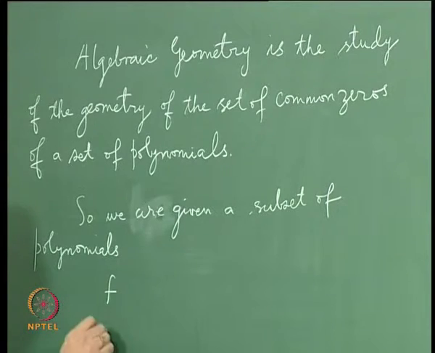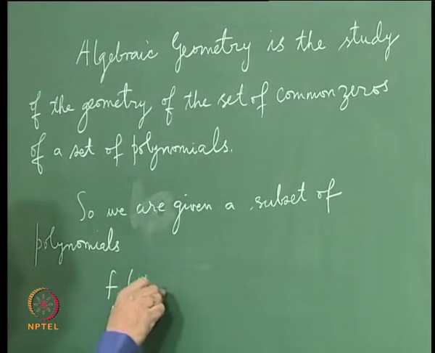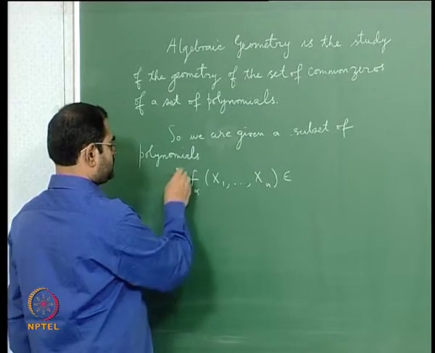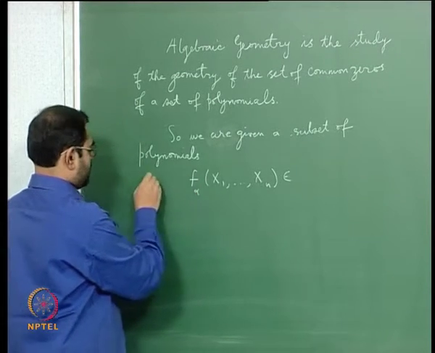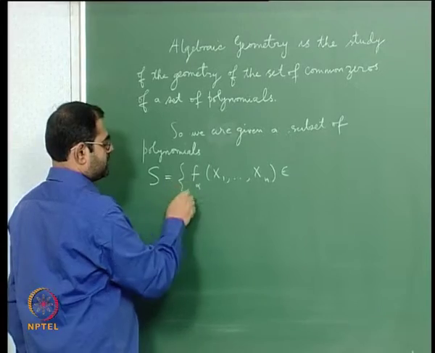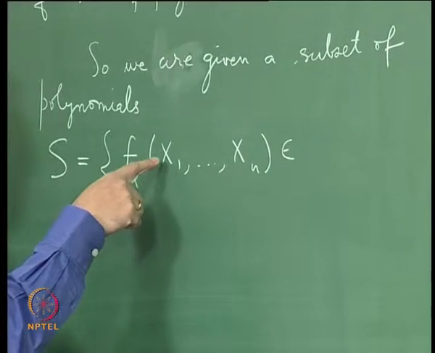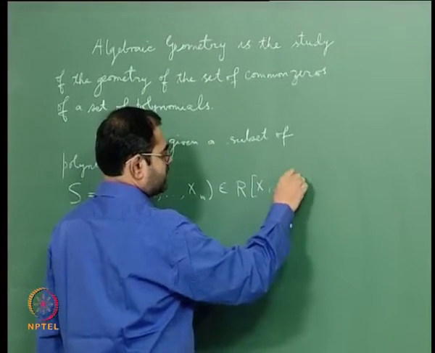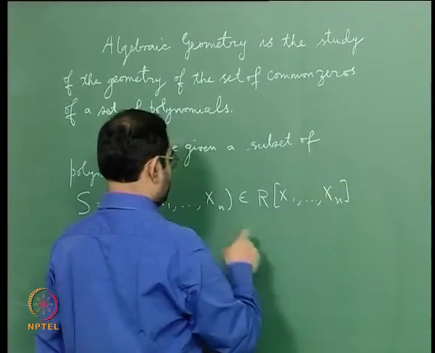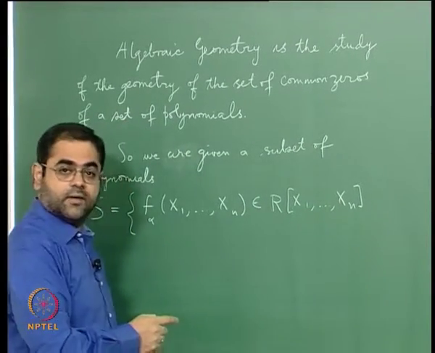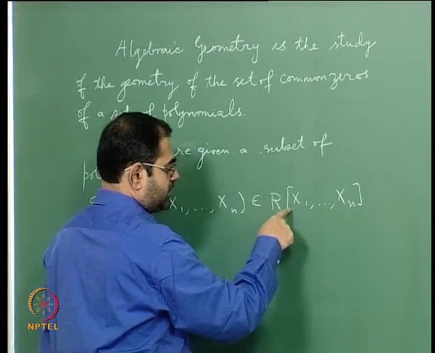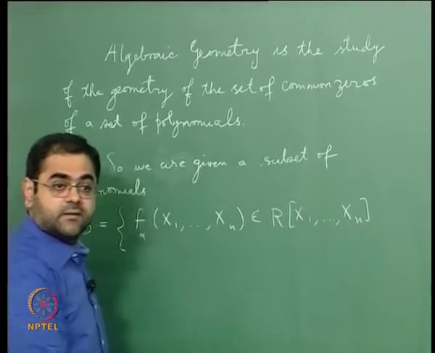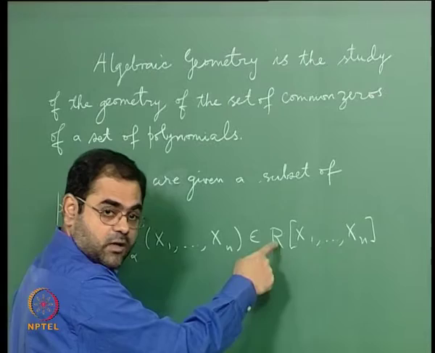Let me write them as f sub alpha of x1 etc. xn. S is the set of all polynomials f sub alpha of x1 etc. xn, and each one of these f alphas is a polynomial in a polynomial ring. Okay, so this ring is the commutative ring that consists of polynomials in the variables x1 through xn and with coefficients in the commutative ring R.